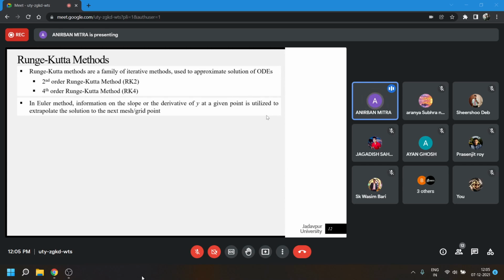Here, for this class, we'll just look at how these two methods actually obtain the solutions from a graphical perspective. And on the basis of that, we'll try to develop some algorithm which, when implemented, would give us the approximate solution of initial value problems.